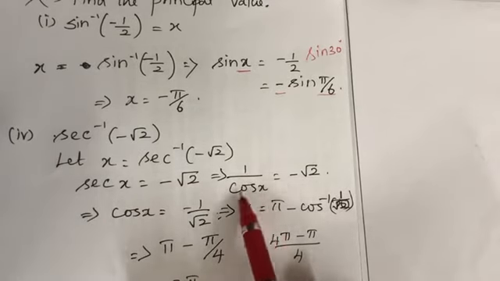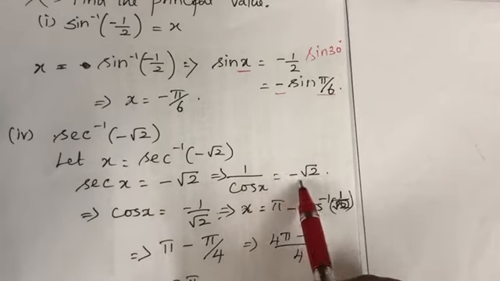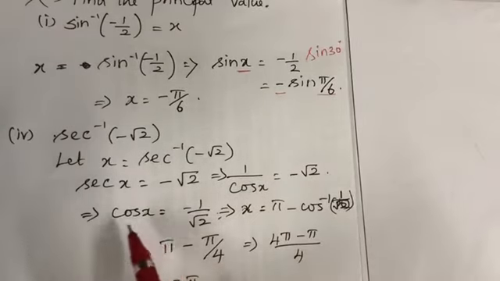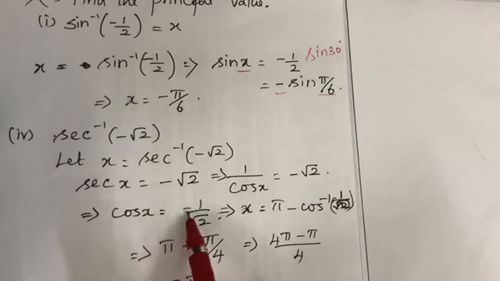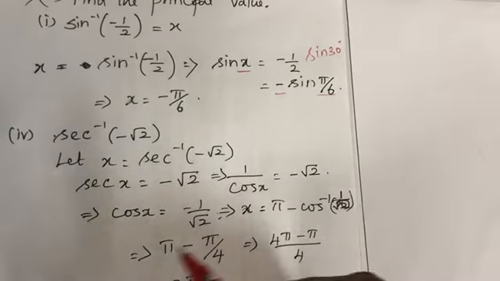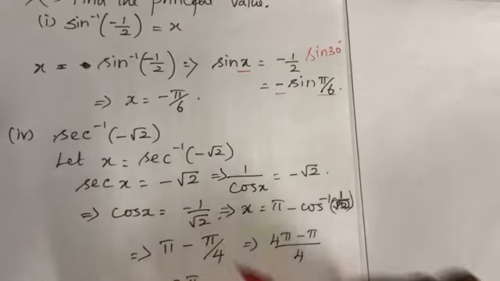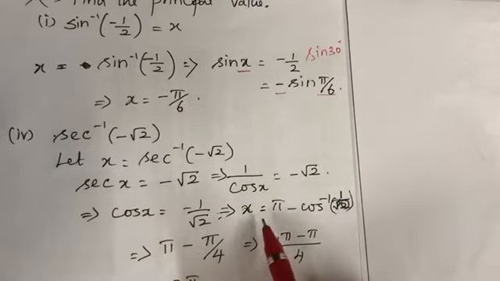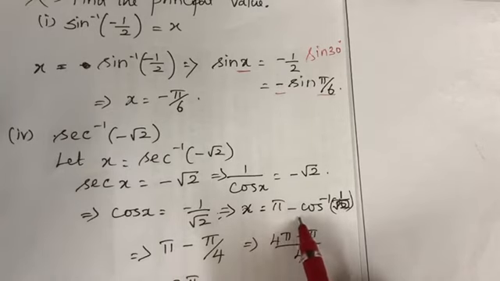So, 1 by cos x is equal to minus root 2, which means cos x is equal to minus 1 by root 2.